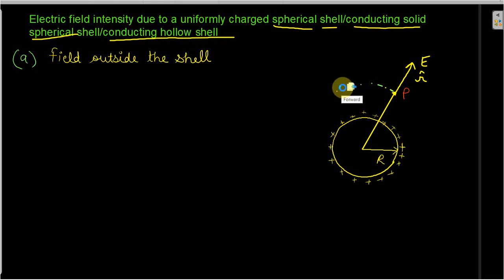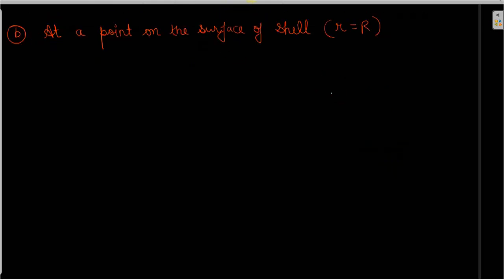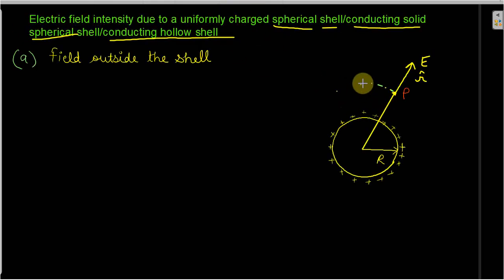So we are drawing here the Gaussian surface, and let the radius of this Gaussian surface be small r. So this is the Gaussian surface. Now we have to find the electric field at this point, P. So we'll take a very small area element of this Gaussian surface.